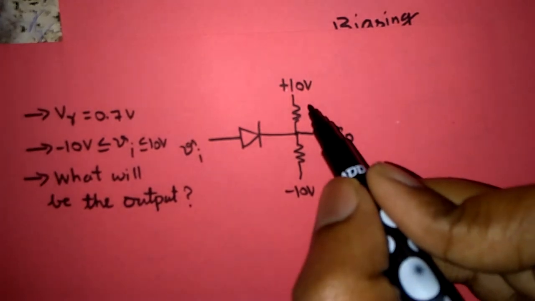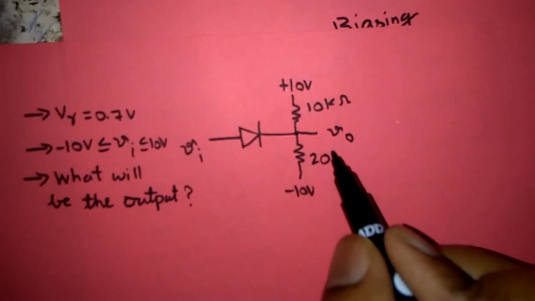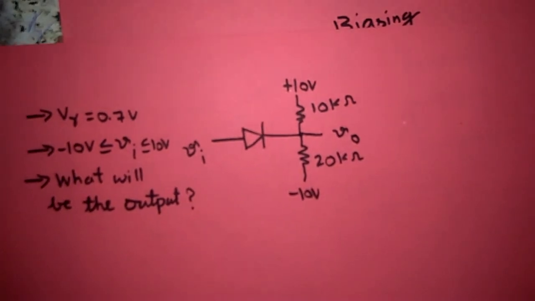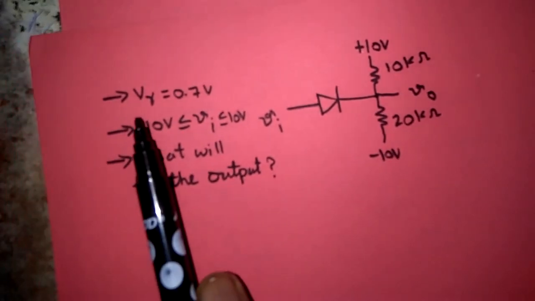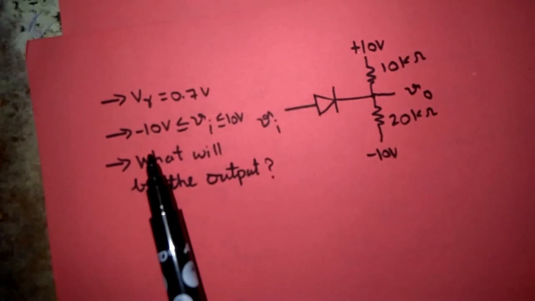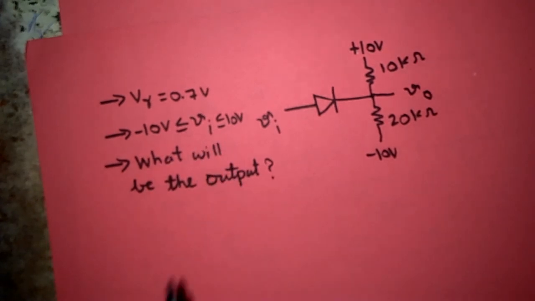This resistance value is 10 kilo ohm and this resistor value is 20 kilo ohm. In the given conditions, V gamma, that means cut-in voltage, is equal to 0.7 volts and input is varying from minus 10 volts to plus 10 volts. The question is, what will be the output?